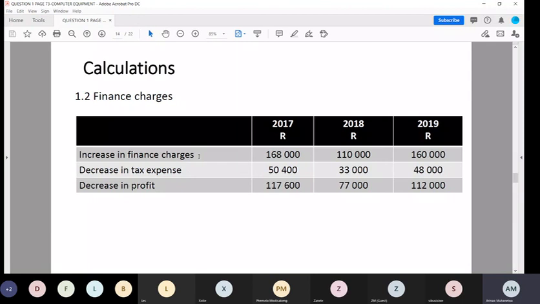An increase in finance charges, which is an expense account, will lead to a decrease in tax expense, and will also lead to a decrease in profit. Spend some time if you don't understand this so that it makes sense. An increase in expenses will lead to a decrease in the tax you're going to pay, and will also lead to a decrease in profit.